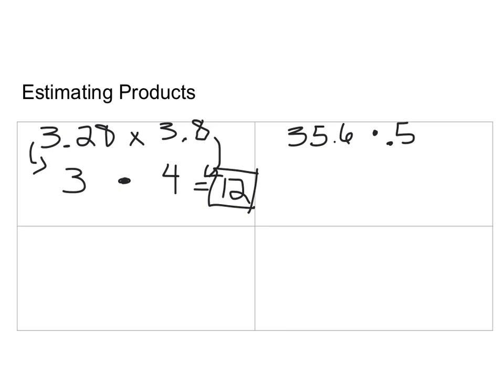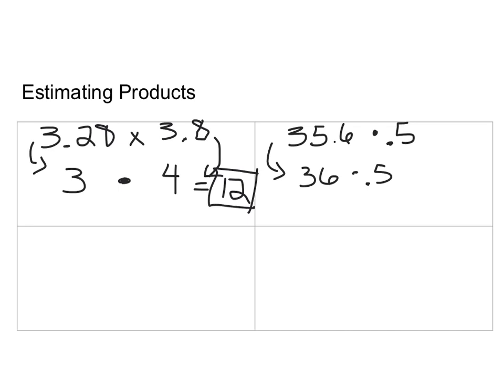Now let's do 35 and 6/10 times 5/10. Convert, or not convert, but round to friendly numbers and then multiply. So I rounded the first number to 36 and I left the second one the same. That's okay, you can do that. I did that because I feel like I can multiply by 0.5.